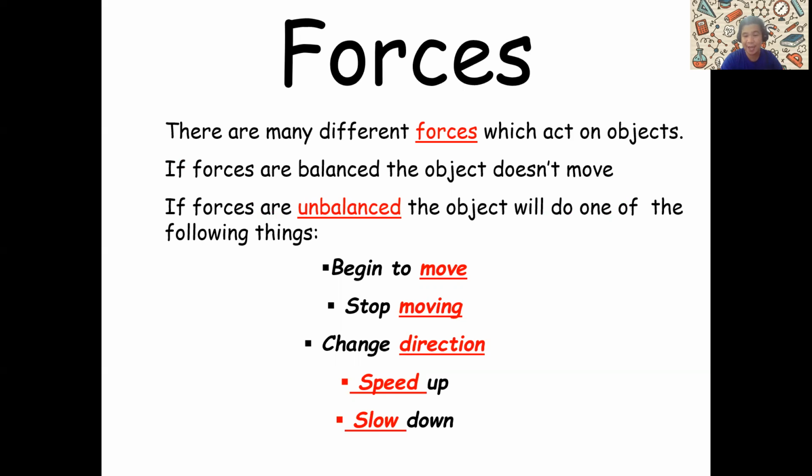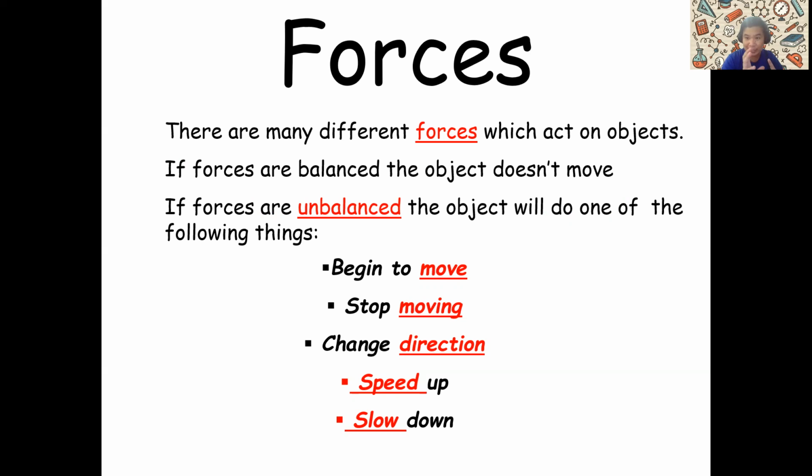So if the forces are unbalanced, there's actually six things. There's one that's not talked about, but I will talk about it after I explain each of them, okay? First is they begin to move. If an object is not moving and there's an unbalanced force applied to it, the object will slowly move.